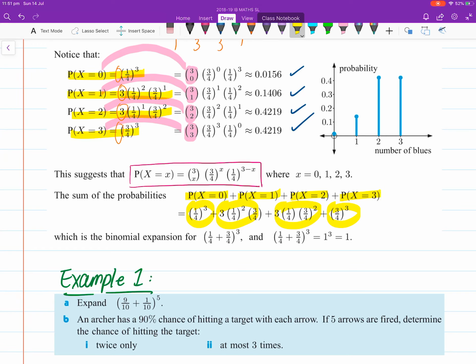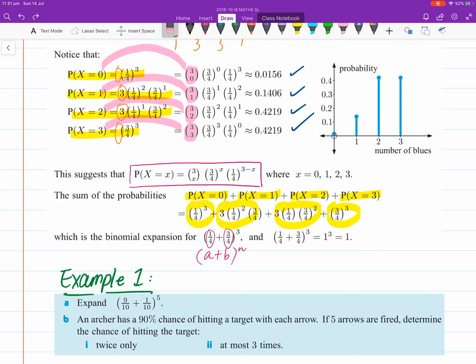And it actually makes sense, because if you write it as your A and your B, remember when we learned A plus B to the n, for example, when we read out the expansion, A and B here happen to be 1/4 and 3/4. So 1/4 plus 3/4 is 1, so 1 to the power of 3 is 1 anyway. So that's what's always going to happen when you've got binomial.